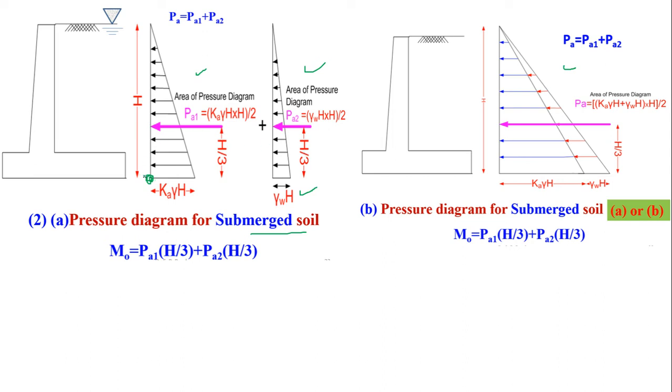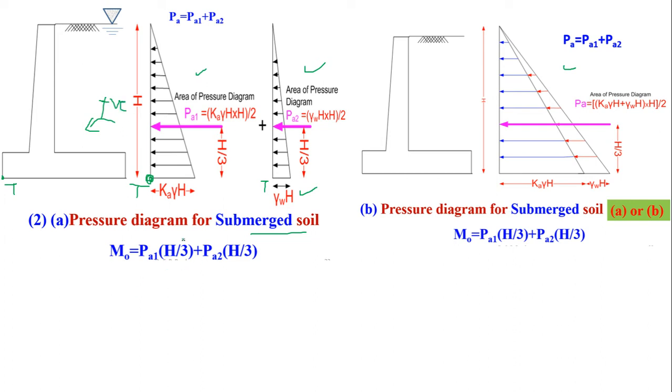The resultant moment of the pressure force is nothing but the moment of Pa1 about the toe plus the moment of Pa2 about the toe. Okay, so here we have that toe. So what is the moment? Pa1 into H by 3, plus Pa2, because the direction is anti-clockwise, here we are going to consider it as positive.